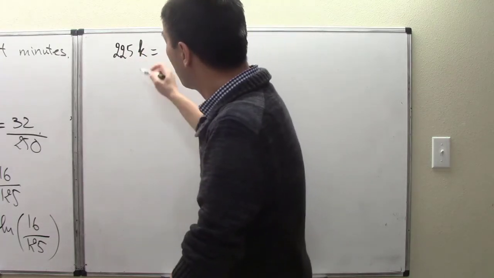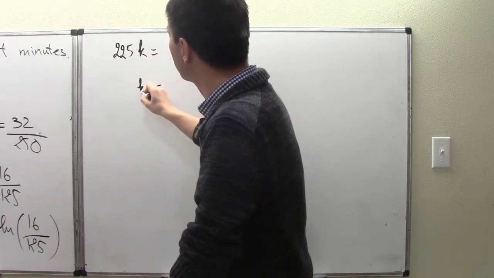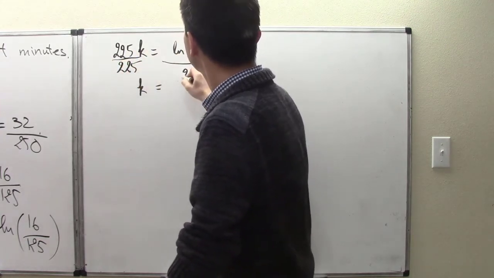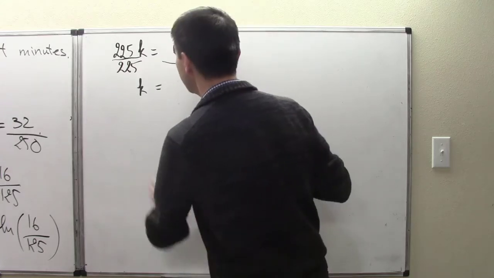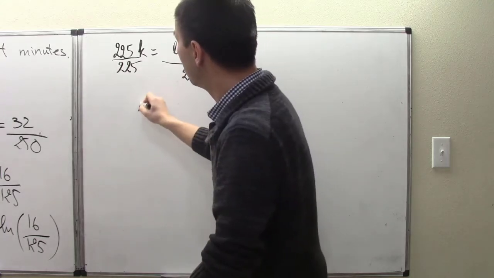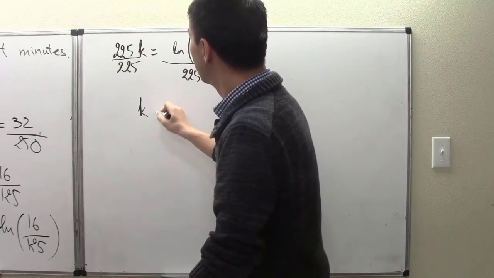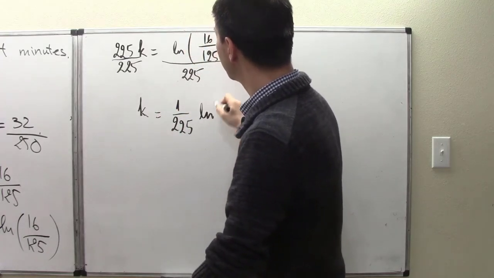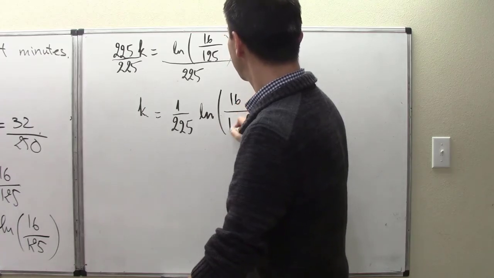Solving for k here, we just divide both sides by 225. Consequently, we end up with the value for k equal to 1 over 225 times the natural log of 16 over 125.